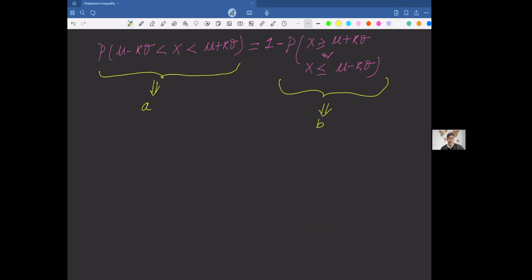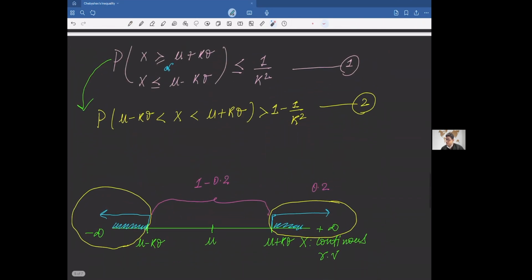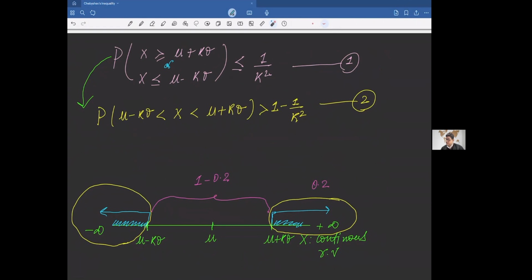So here I'm writing this whole thing as A is equal to 1 minus B, and we know that B is less than equal to 1 by k square. This we know from here. If you look, this thing is less than equal to 1 by k square.